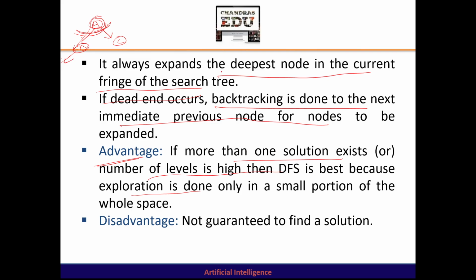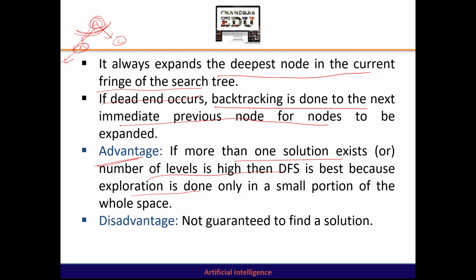This means that when we have a deeper tree or a deeper graph, and the solution is present in the last node of the deepest graph or tree, whenever it searches that path, it will get the solution. So if the path is very large, DFS can do better. So that is the advantage.